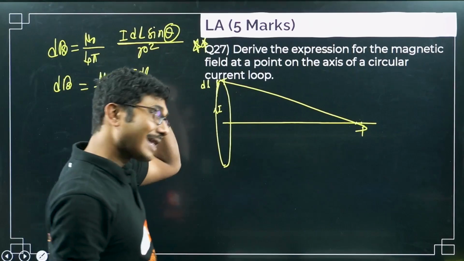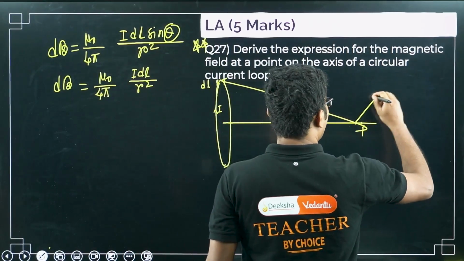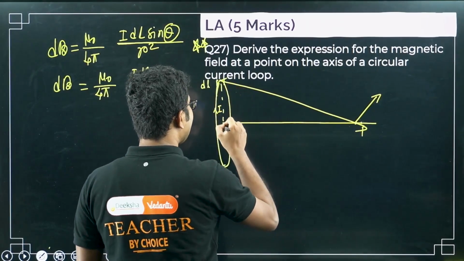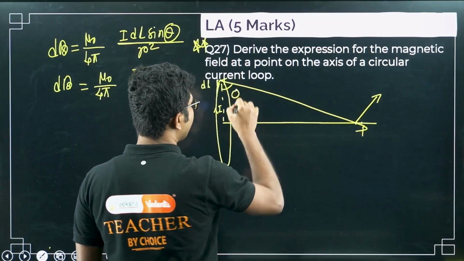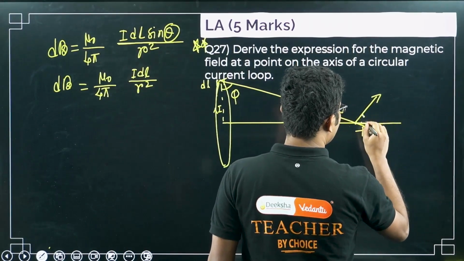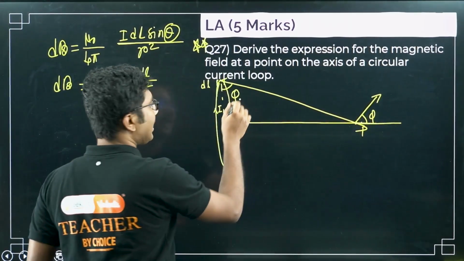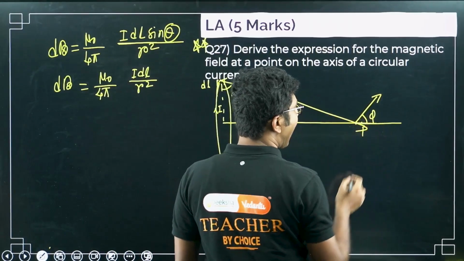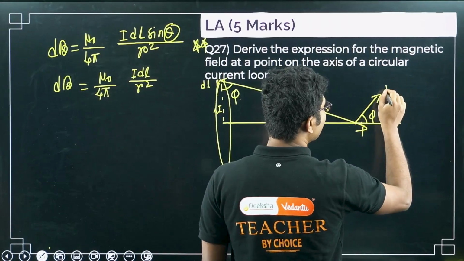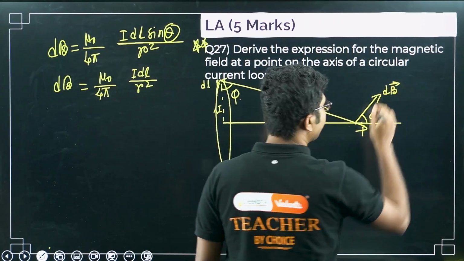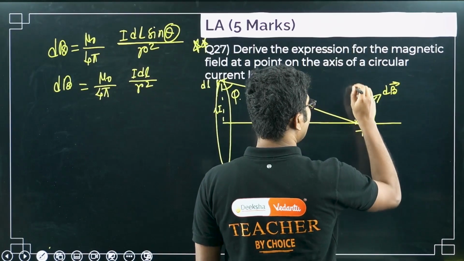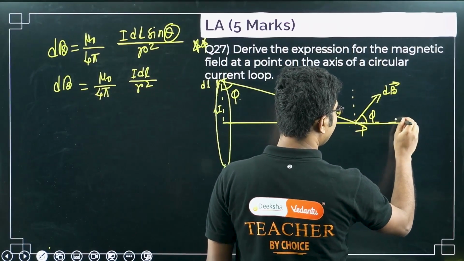Now this magnetic field will make an angle, say angle phi, and this angle will be phi. As you can see, for each magnetic field, suppose this is dB vectorially, there will be a perpendicular component and there will be a component along the axis.